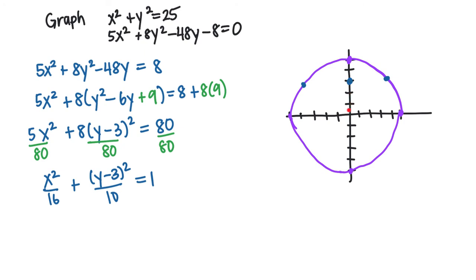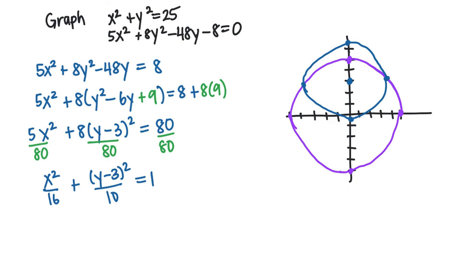So 1, 2, 3 point something-ish. And then up here, 1, 2, 3 point something-ish. Let me make my graph a little teeny bit bigger. Okay, and then I'm going to go ahead and sketch my graph. Ooh, that looks a little dorked, but that's okay.